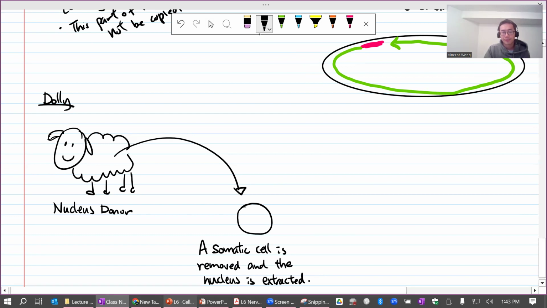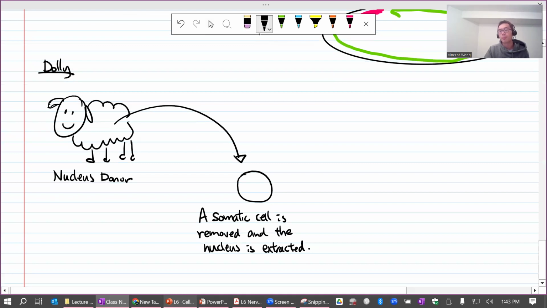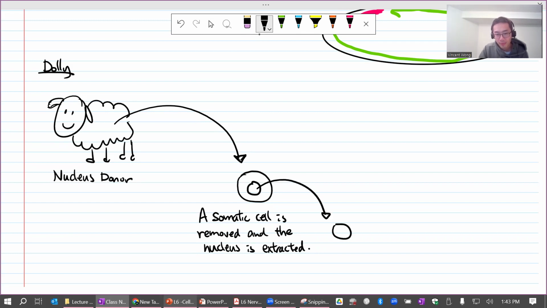What is somatic? Somatic means any cells in the body except for the sperm and egg. So it's a somatic cell, a bodily cell. Maybe it's a muscle cell, maybe it's a liver cell. So they take a somatic cell from the donor, and then they remove the nucleus.